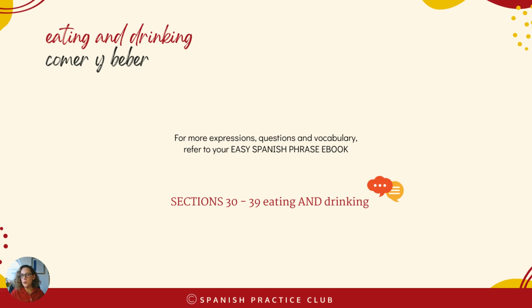So if you go to your Easy Spanish Phrase ebook in sections 30 to 39, they are all about eating and drinking. So there's around 60 expressions, vocabulary, and questions that you can add to your vocabulary for eating and drinking, different ways of asking things, different expressions, even more vocabulary, together with the pronunciation that is included next to each of the expressions and the vocabulary.